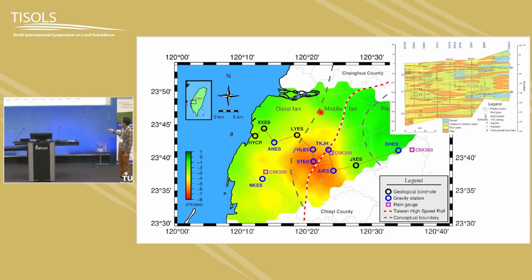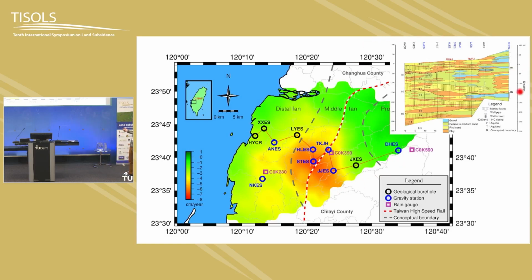So it's central Taiwan. There's a alluvial fan, and here's the proximal band and the middle band and the distal band. So in 2021, the middle of our alluvial fan, they experienced a severe land subsidence here, and along the hydrogeological profile here, we set up several gravity sites in the blue circle along this profile.